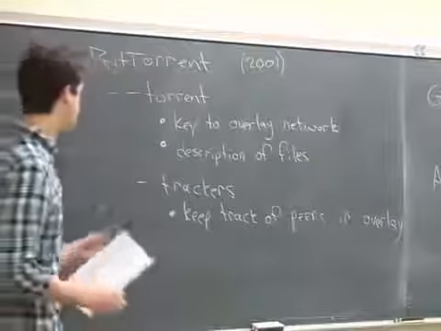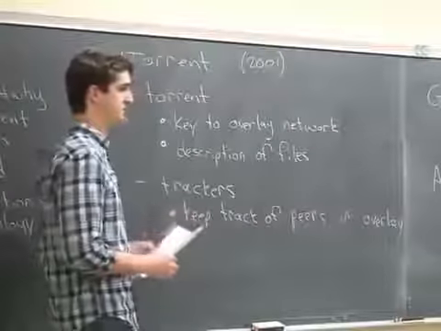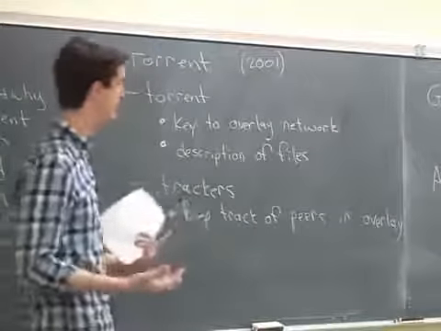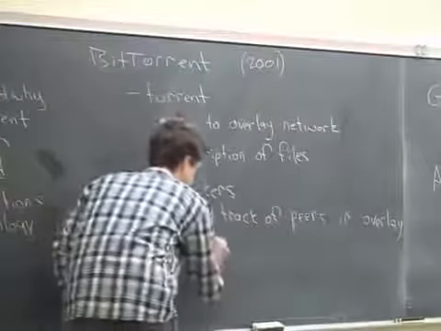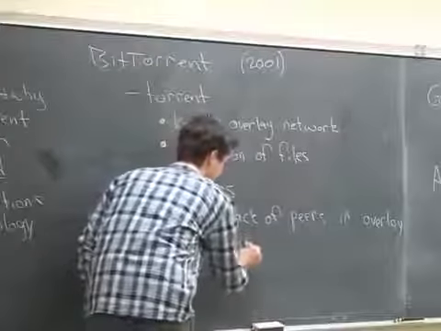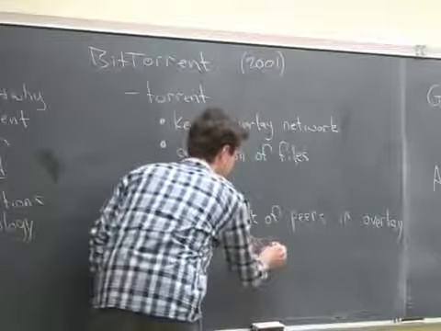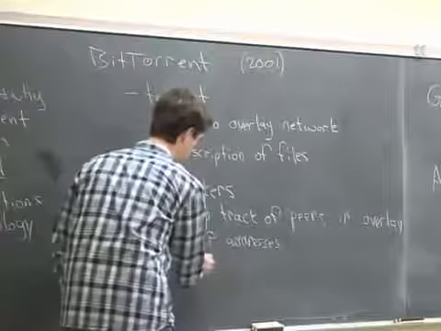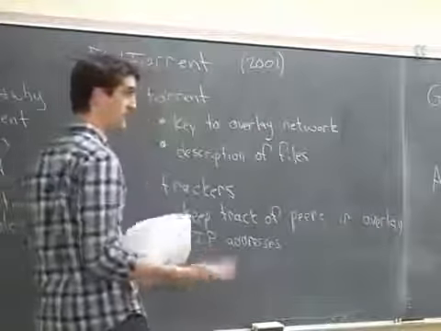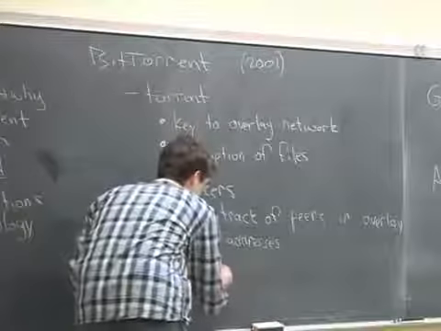Okay, so they keep track of the peers, and they keep some information on each peer, like if one peer wants to contact another one, then it needs the IP addresses. And then it also keeps details about how much content each peer has shared with each other.